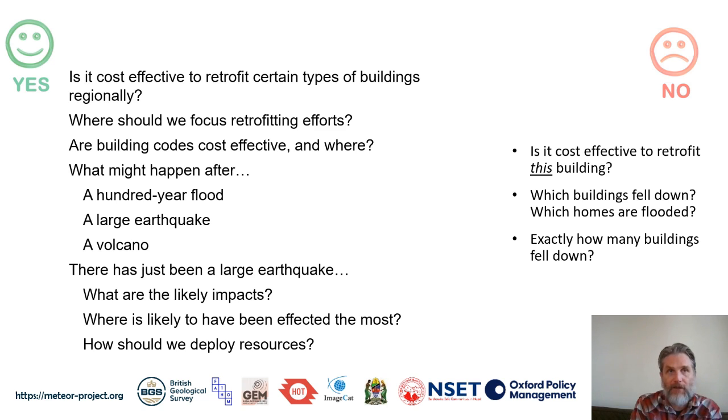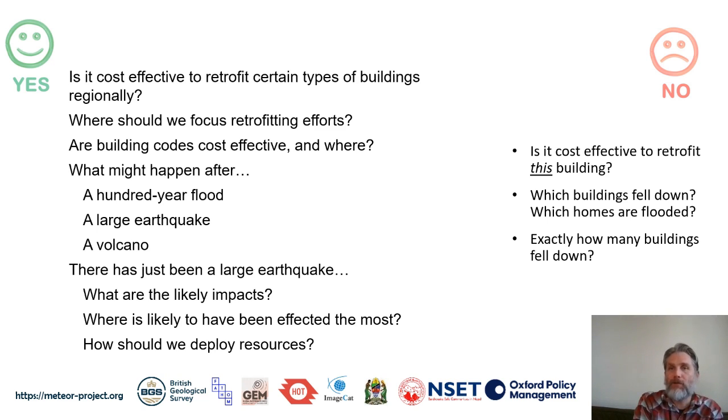Here are things we're unlikely to be able to answer with these types of regional exposure databases. Is it cost effective to retrofit this specific building? Which buildings fell down? Which homes are flooded? Exactly how many buildings fell down? It's all based on an estimate, dependent on the law of large numbers.